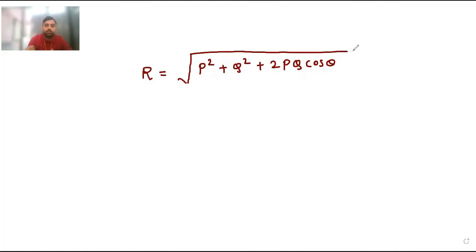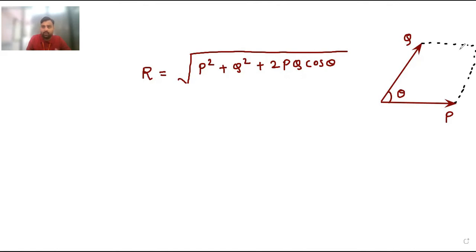See here, these are our forces. If I draw the diagram, this is our force P, and our next force is this force Q, and the angle between them is theta. After that, we complete this parallelogram like this. We extend it here also, and it will meet somewhere here.